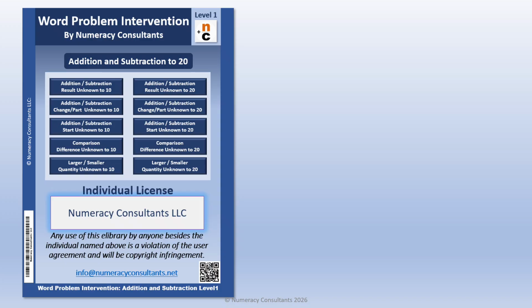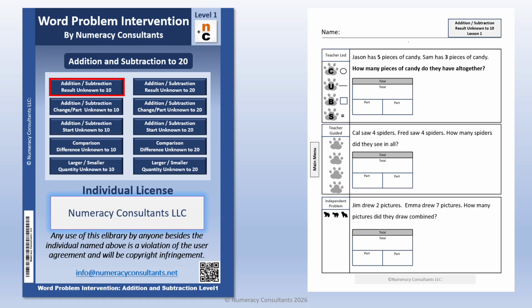So what we're going to do now is go through what the instructional sequence looks like using the word problem intervention program. What makes this different is, yes, this is our workbook, but with a lot of other programs out there, you get the workbook, go to the first unit and teach it for 2 weeks, then teach the second unit for 2 weeks, and go through the workbook. There are so many layers of instruction and catalysts that go along with this that it is not just getting this workbook, opening it up and working.